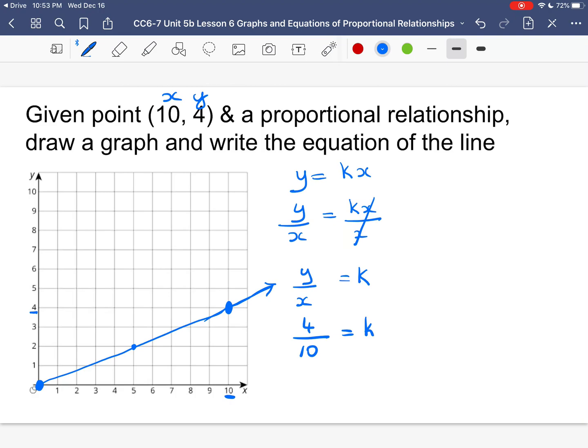And if we divide both 4 and 10 by 2 to make it a reduced or simplified fraction, we'll get 2 over 5 equals k. And so now to write the equation in the form y equals kx, the equation would be y equals 2/5 x. Or you could say y equals 4/10 x, that would be fine too, either of those.